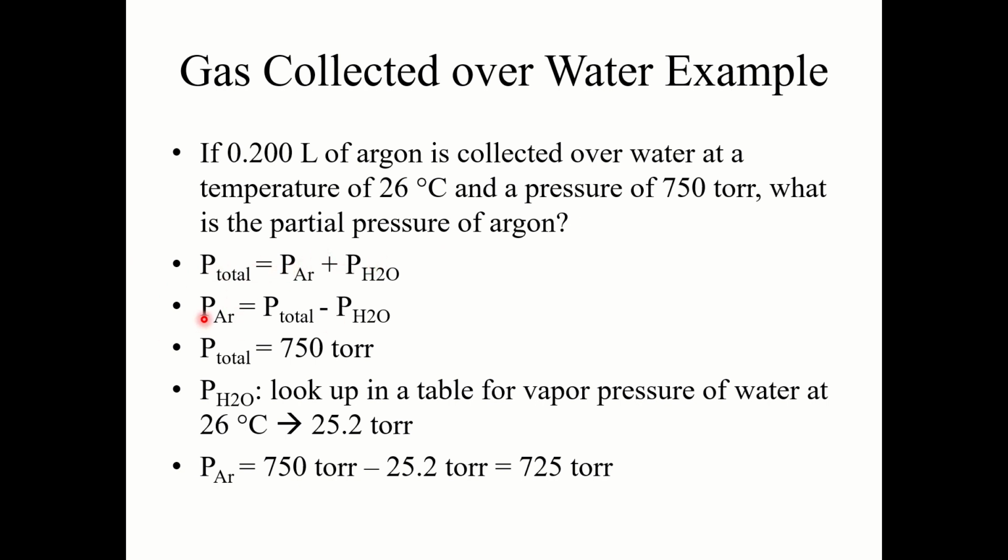So to find the partial pressure of just the argon, you would take the total pressure, 750 torr, and subtract the partial pressure of the water vapor, which you can find by looking in a table. There'll be an appendix at the back of our lab manual. So you use the temperature to find the vapor pressure of the water, which is 25.2 torr. So the partial pressure of the argon would be the total pressure, 750 torr, minus the pressure of water vapor, 25.2 torr. This gives 725 torr. This would be your answer.